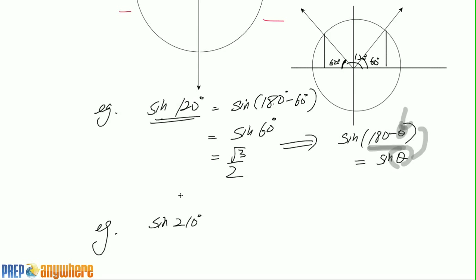Okay, so sine of 210, if you were to draw that, the rotation goes all the way here. Okay, so there's 30 right there. Now, this rotation has clearly a negative height.